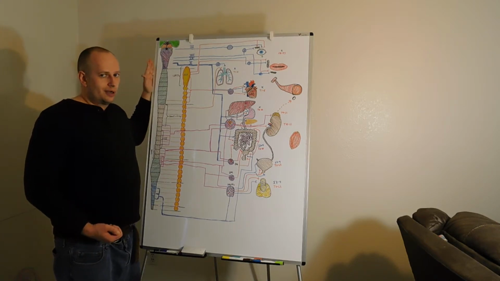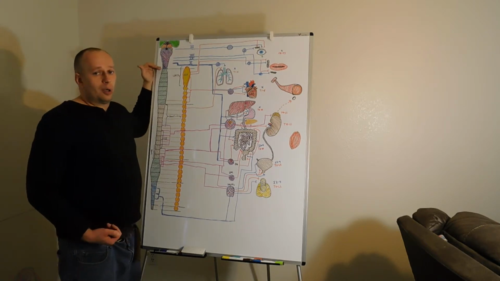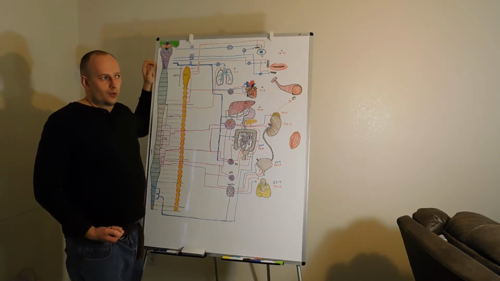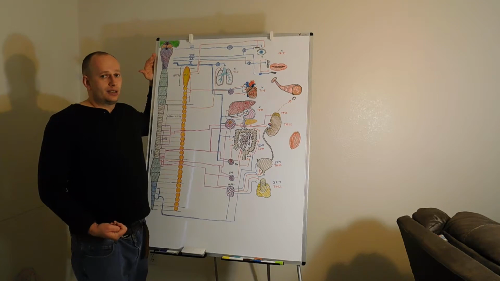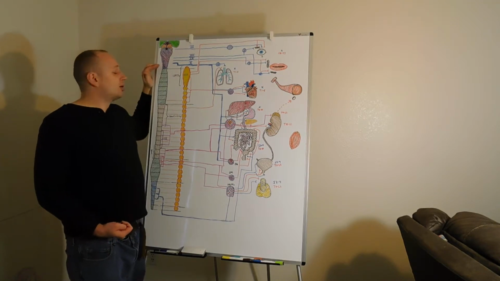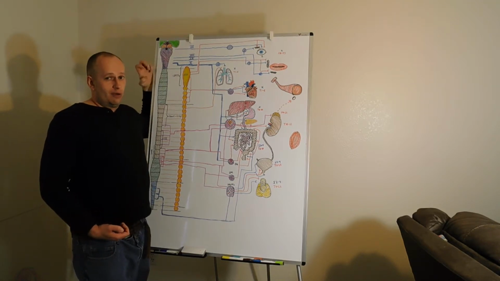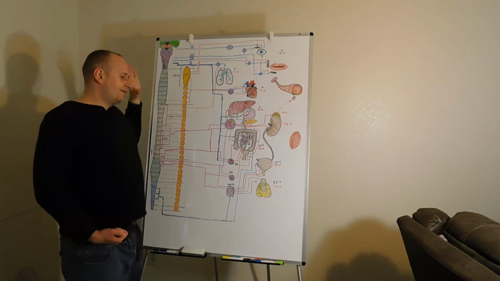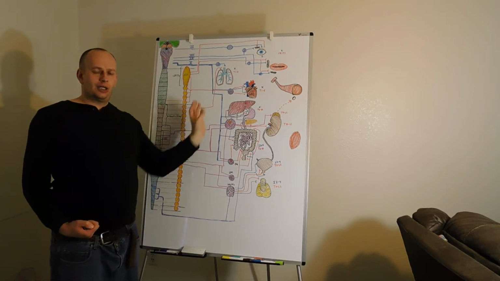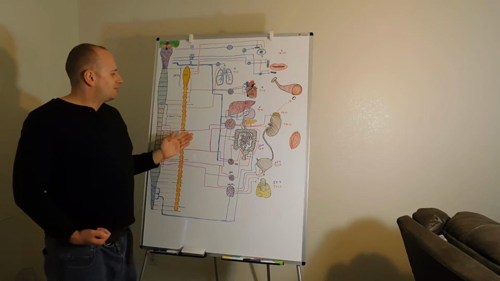nucleus of the solitary tract, particularly the caudal part. The rostral part, which would be more superior, is more involved in taste perception, but the caudal part receives your autonomic afferent information. Some of that sends reflexes back and changes things if it receives something.